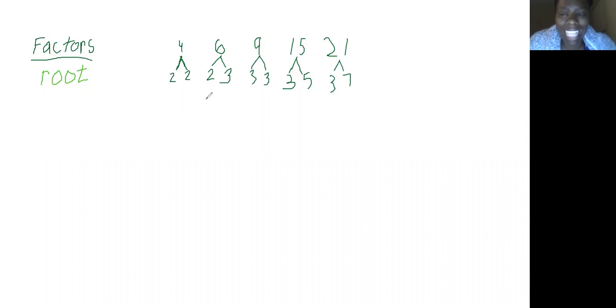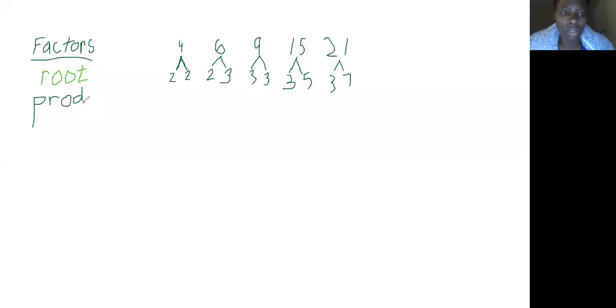All right. That concludes this very first lesson on factors. Factors are just numbers, and it requires another number to be multiplied to make a product. So a product is the result of multiplying numbers.